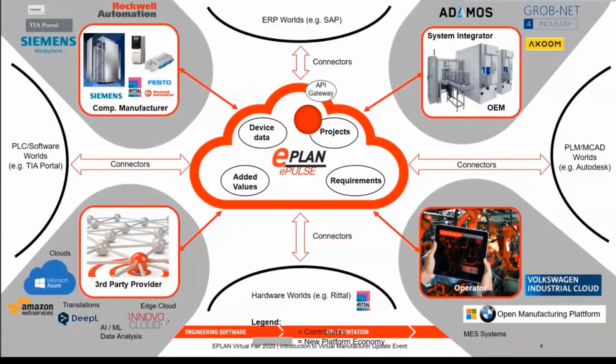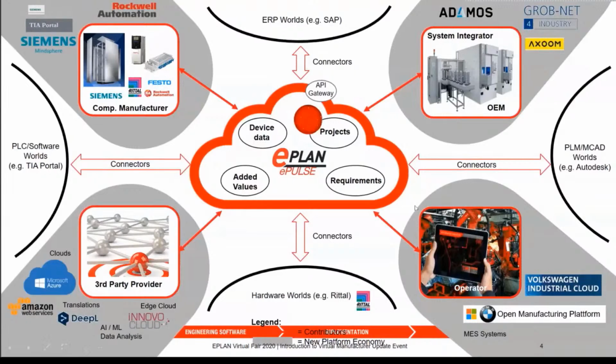And this is something you could also imagine in relation to the ePlan cloud, meaning you would be able to download third-party applications that do not necessarily have to come from ePlan or the manufacturers on board of the ePlan Data Portal. It could be just separate software companies who are specialized on topics such as predictive maintenance or business analytics and so on. So this would be a part of our digital marketplace.